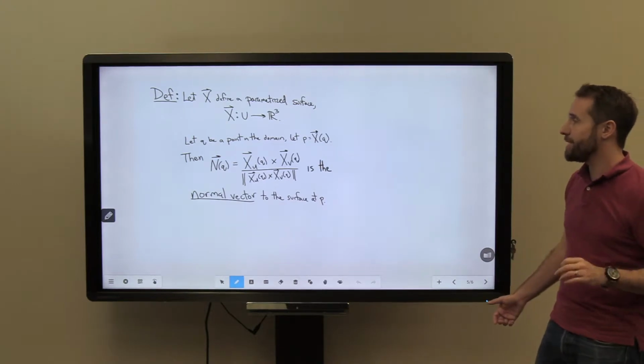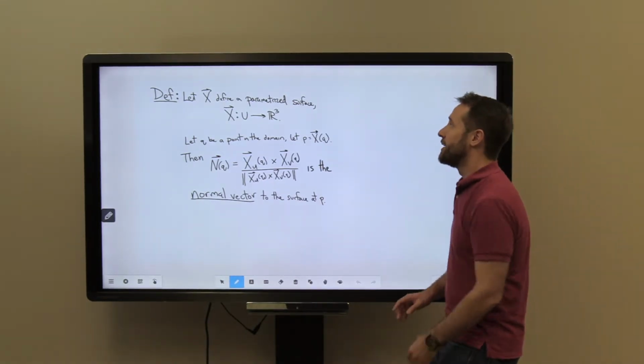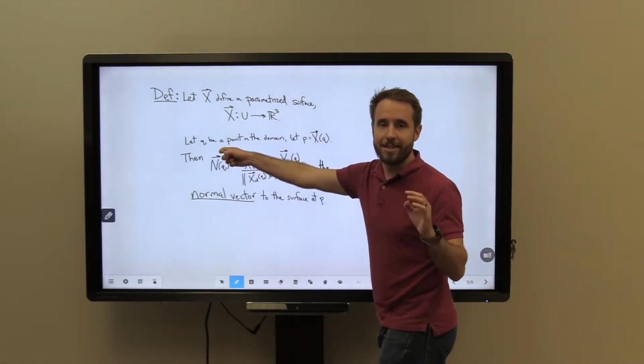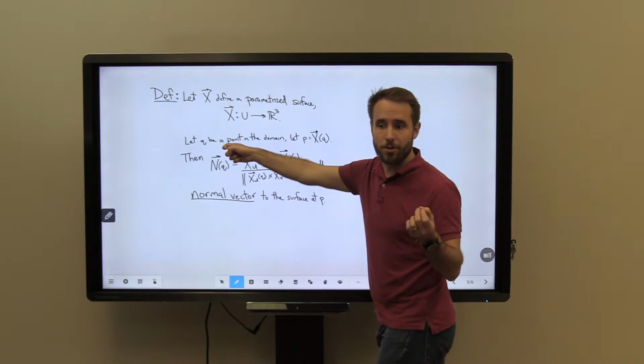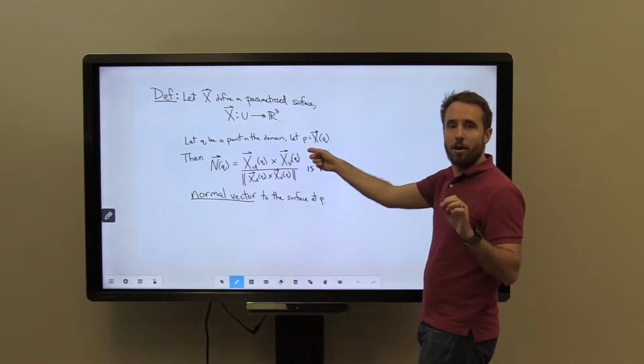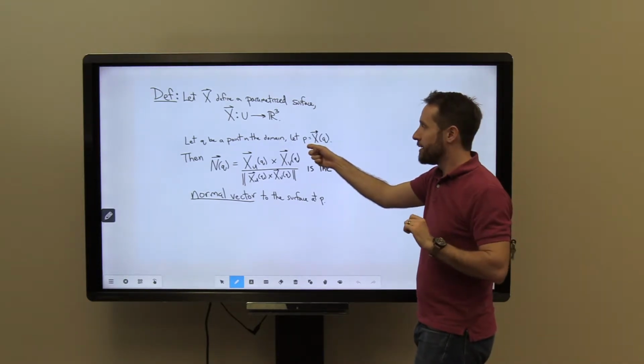And so that motivates the following definition, which I think comes very naturally. If we have a parametrized surface, we have a point Q that's in the domain space, right? So Q is a point in UV space, and X of Q is our point on the parametrized surface. That's our point P out here in three-dimensional space.